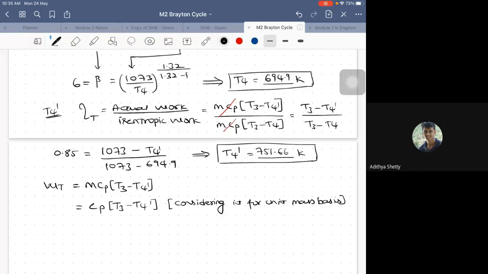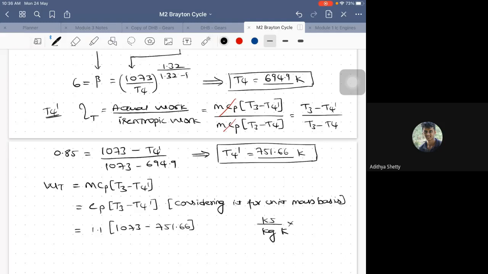I think the value of Cp is given. The value of Cp is 1.1 into the value of T3 which is 1073 minus T4 dash which is 751.66. So check for the unit. Cp is in kilojoules per kg Kelvin.